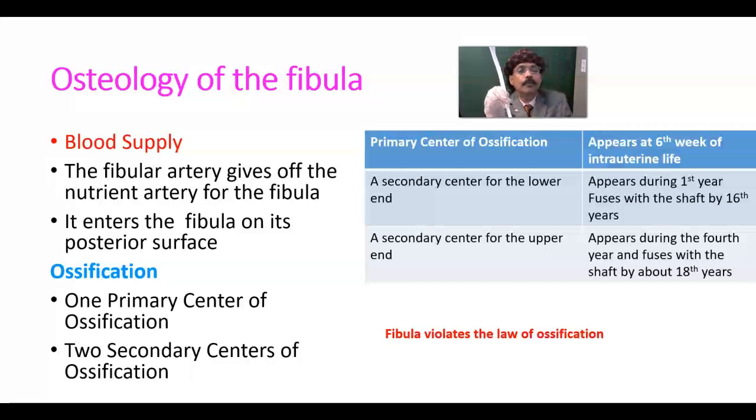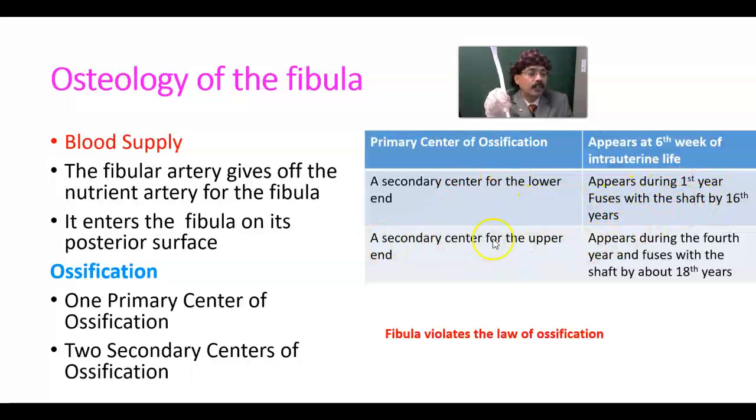Ossification is very important to us. There is one primary center of ossification and two secondary centers of ossification. The primary center appears in the 6th week of intrauterine life. The secondary center for the lower end appears during the first year and fuses with the shaft by the 16th year.